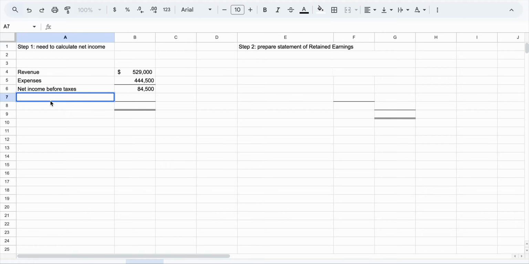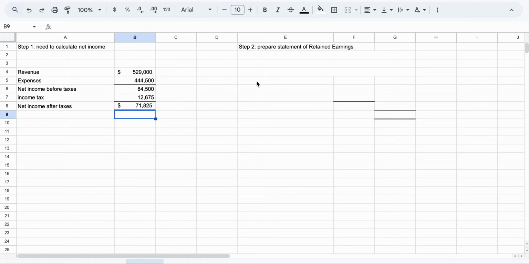So we can just write income tax, and to calculate it, we'll just take 15% of our net income, and then subtract, after I write net income after taxes. Yeah, perfect. Now we can just subtract these two values, resulting in 71,000 of net income after taxes.